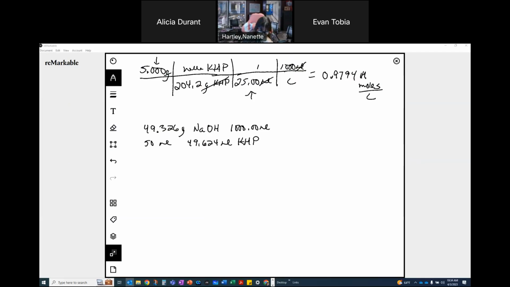What is the theoretical molarity of NaOH? So I start off with 49.26 grams of NaOH.